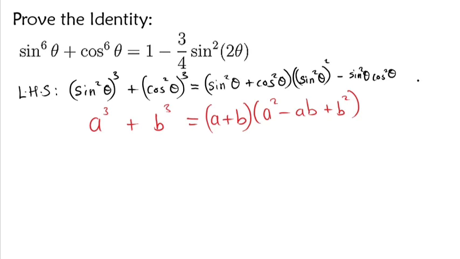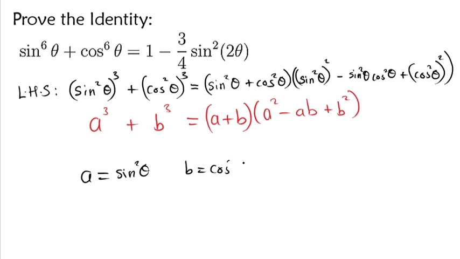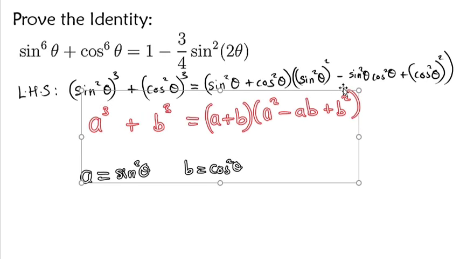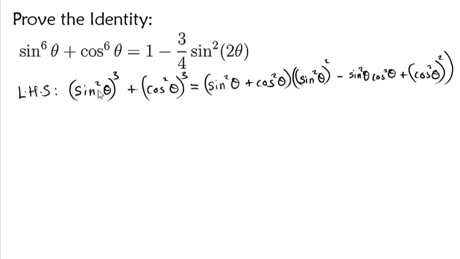Then plus b squared. b squared, that is, remember, cos square squared. If you want to understand it better, just know that I'm replacing a with sine squared and b with cos squared. That's why you have all the squares there. Alright, so now this is what we have using the concept of sum of 2 cubes.